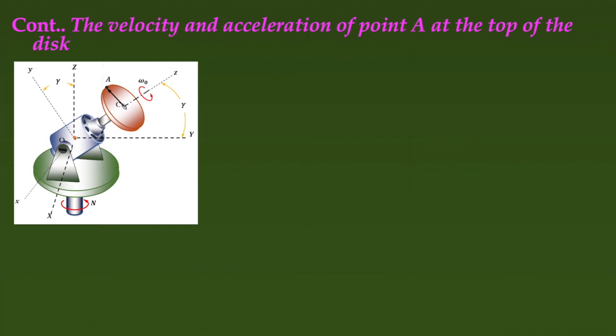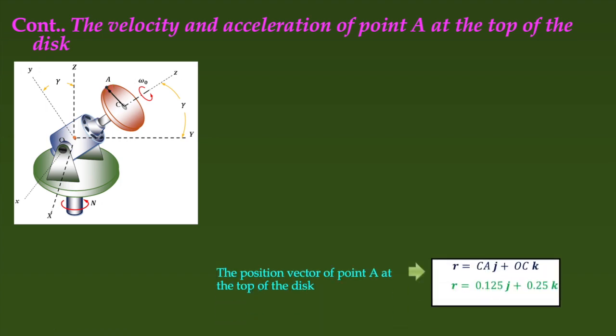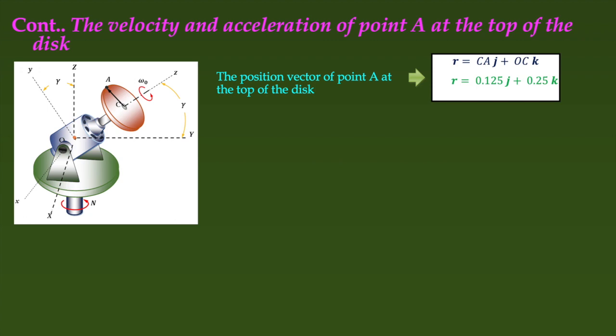Now we have to find the velocity of this point A, and that's why we need to know the radius vector of point A. The radius vector from the origin to A is the summation of this plus this. This is along the z axis, the dimension is OC, so OC into k, the unit vector.